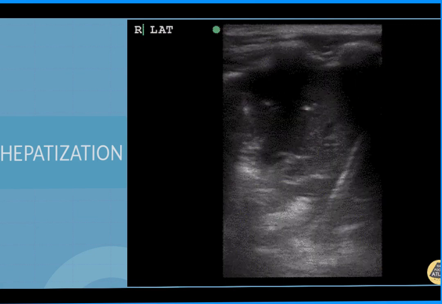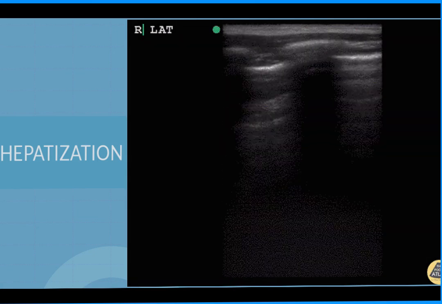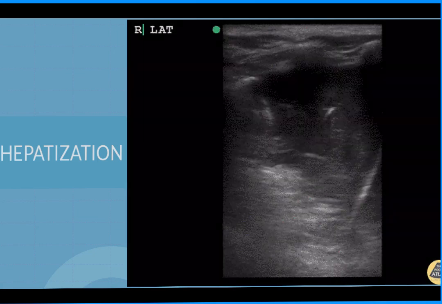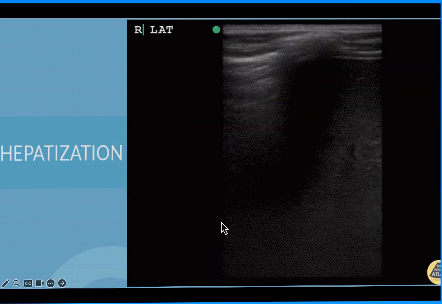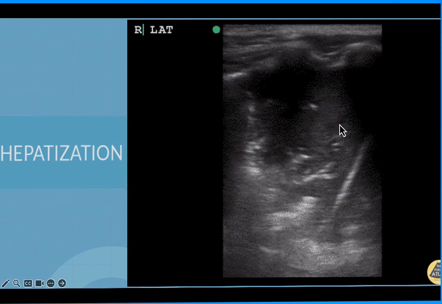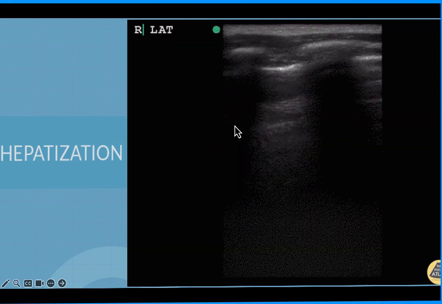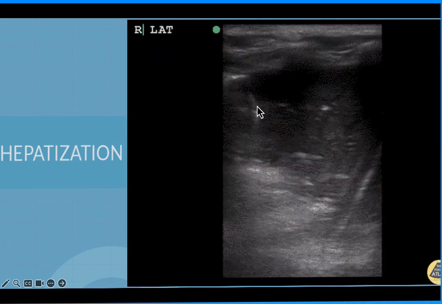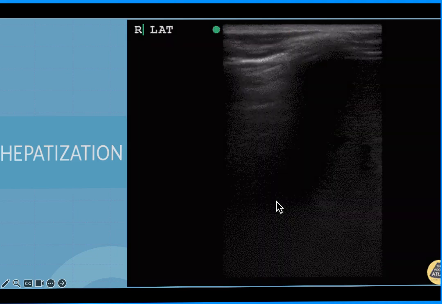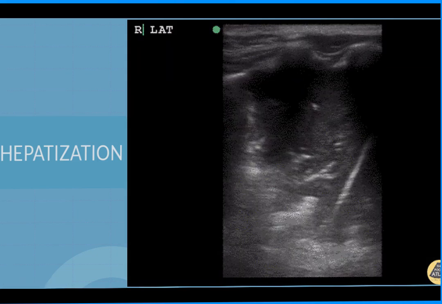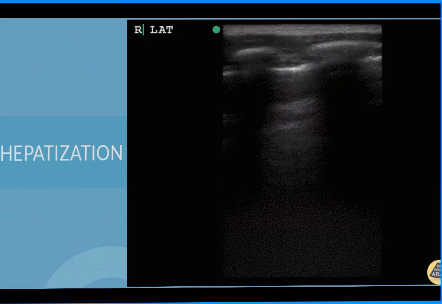This is a case of pneumonia where the consolidation causes the lung to look more like the liver. Okay. Now, some other findings that we see here are these hyperechoic areas or these bright lines. We will go over exactly what these bright areas are, what they mean, and why this is important in subsequent slides.